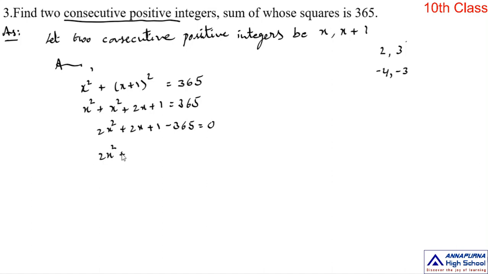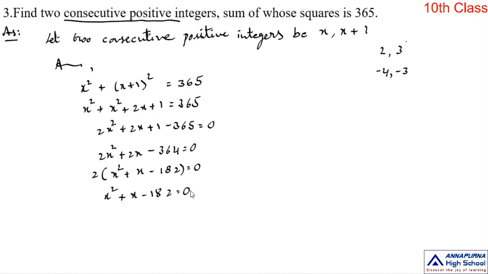So 2x square plus 2x plus 1 minus 365, which is minus 364, is equal to 0. In every term 2 is a common factor, so take it out: 2 into (x square plus x minus 182) is equal to 0. When you transpose this 2 to the right side, x square plus x minus 182 is equal to 0.